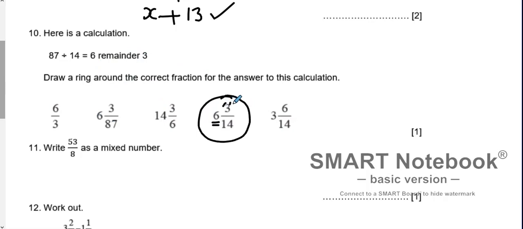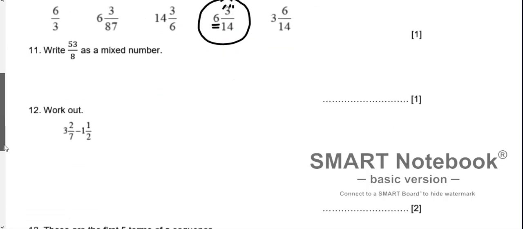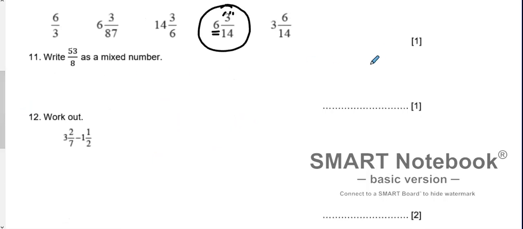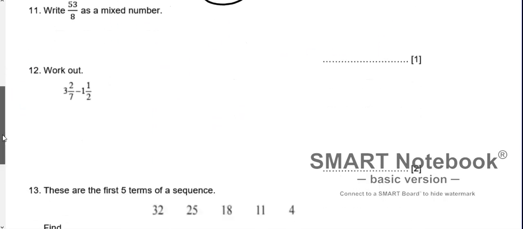The remainder will become the numerator, and 14 will be the denominator. Okay. I hope that is clear. Right, this is a mixed number, so you need to use the long division method.